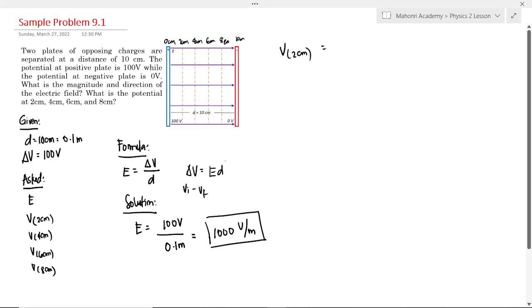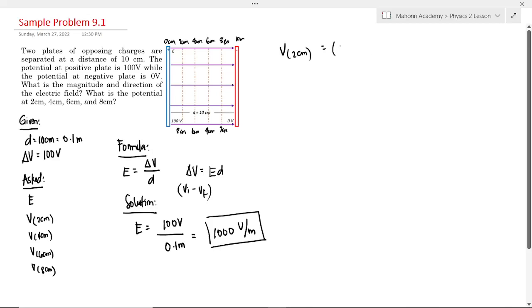This is also just 2 centimeters, 4 centimeters, 6 centimeters, 8 centimeters. It doesn't really matter, you can choose, but to make our life easier, we'll just choose 0 volts as our beginning. So that is just 0.